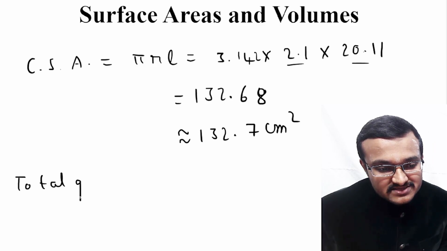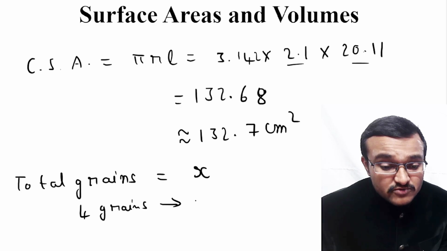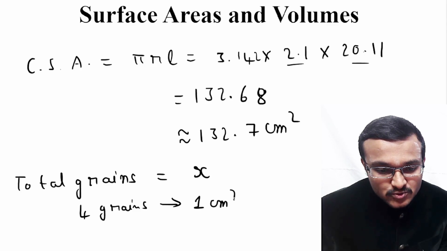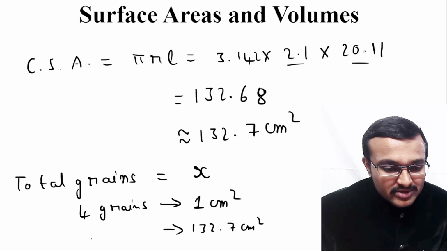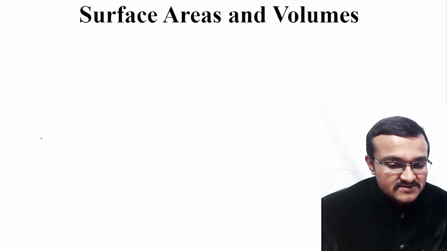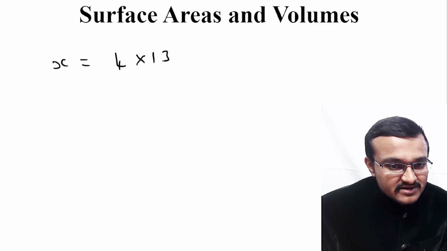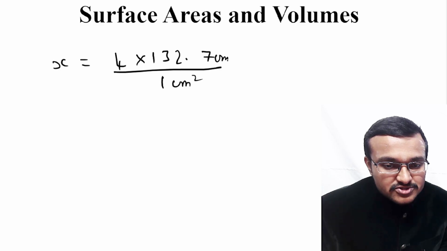Now you have to find out the total grains. Total grains we don't know, so you can call it X. So 4 grains are there in 1 centimeter square. So in 132.7 centimeter square, how many grains will be there? So you can cross multiply this. So X will be equal to 4 into 132.7 divided by 1 centimeter square.